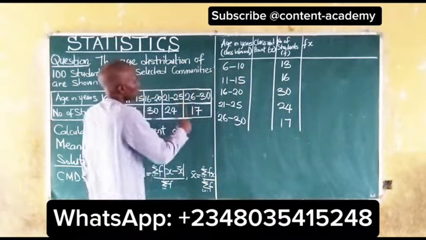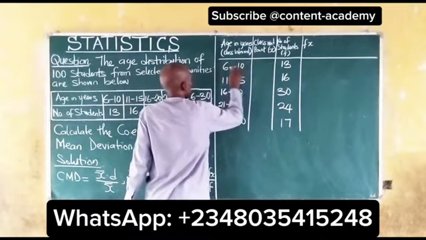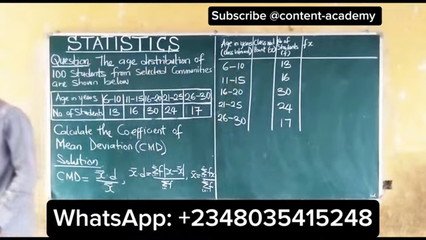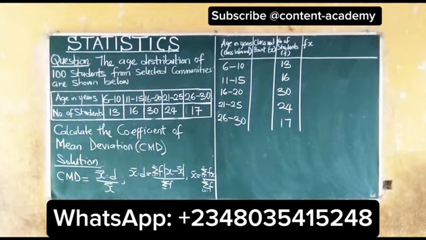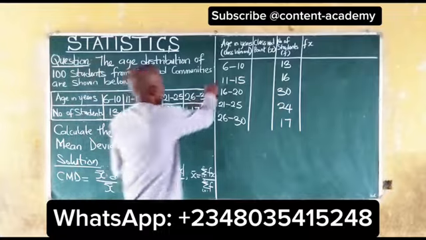Now, how do we calculate our midpoint, that is, for our class interval? For example, we have 6 and 10.